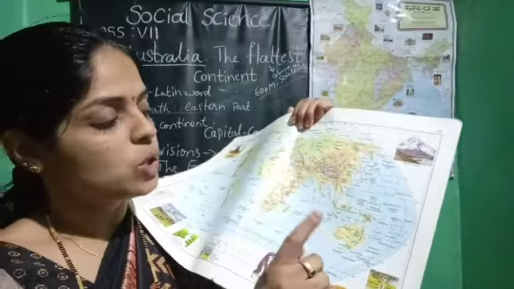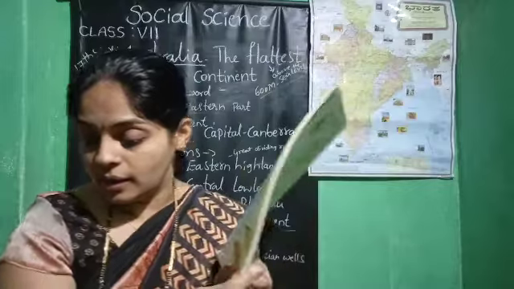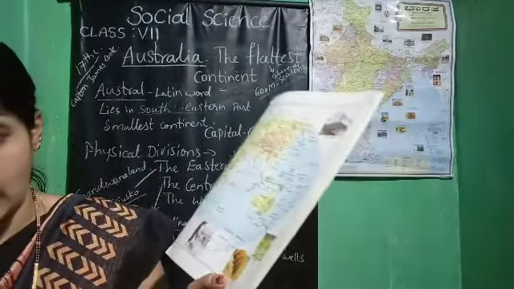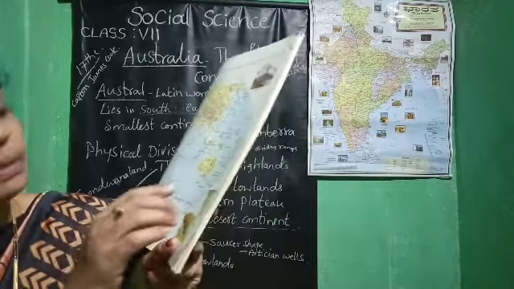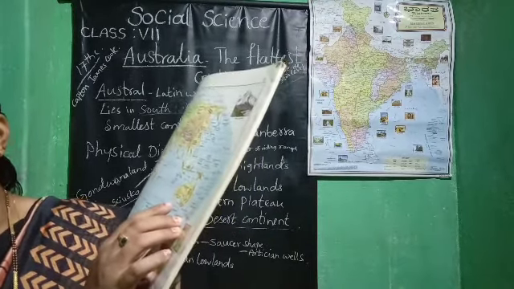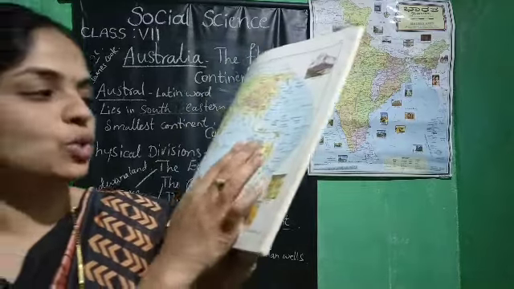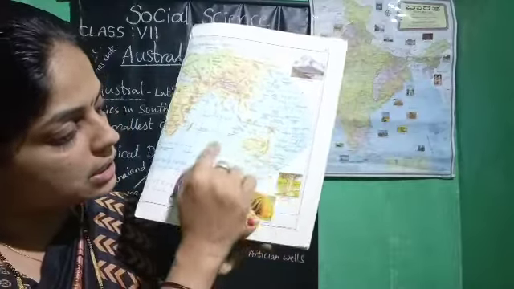Okay, children. So what is the latitudinal and longitudinal extent? We will see that it lies between 10.45 degrees and 43.39 degrees south latitude. Yes, you are all seeing these grids, isn't it? These lines, can you see?